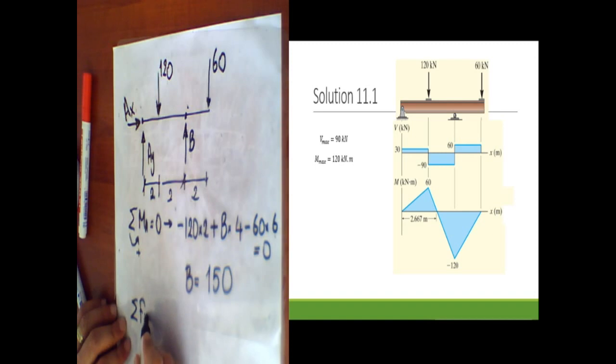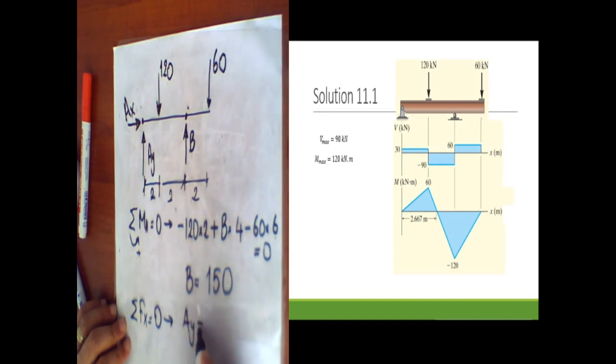Sigma Fx is equal to 0. There is no horizontal force available, therefore AX is equal to 0.